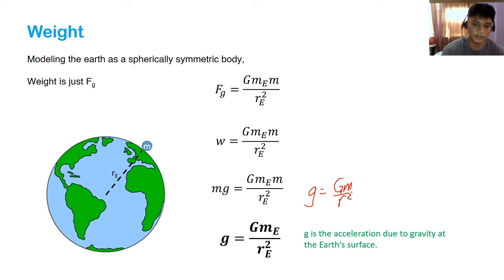Now there might be some confusion because here m is the mass of the object on the celestial body. So I suggest that you put the subscript s, which means source, because it is the source of the gravitational force acting on the object on the surface.